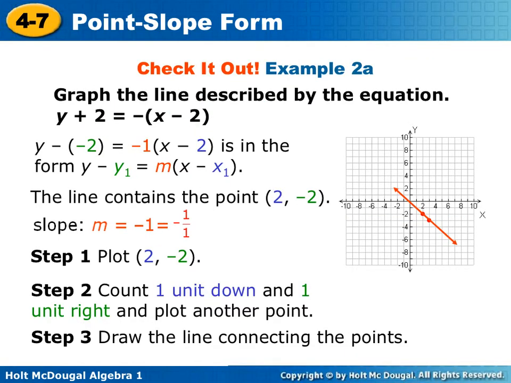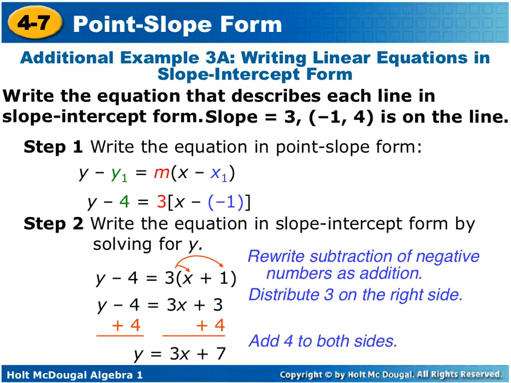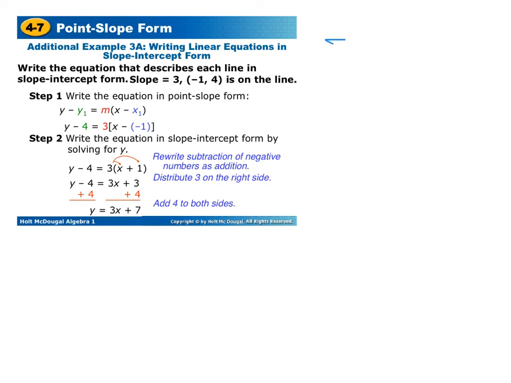Let's look at an example where they give you 2 order pairs. I'm going to jump to, all right, here's more of the same of what we were doing at the beginning. They gave us a slope here of 3 and an order pair of -1, 4. How can I put this into point slope form?